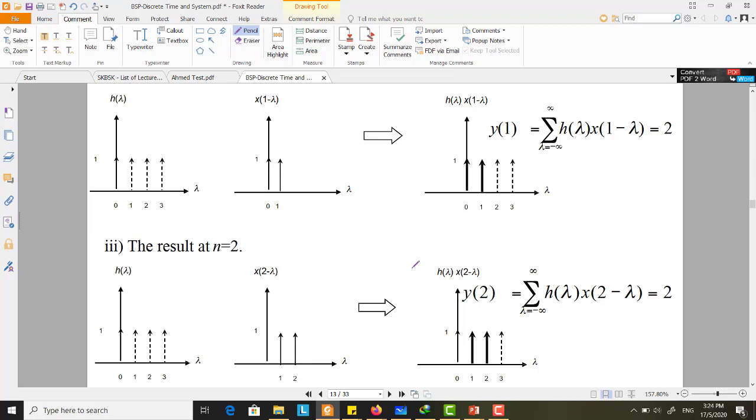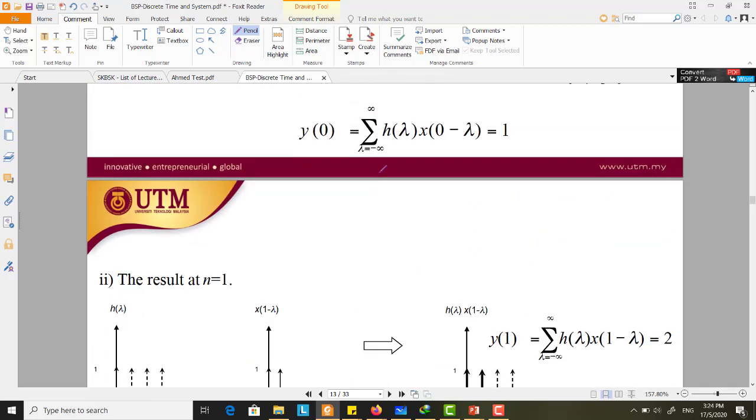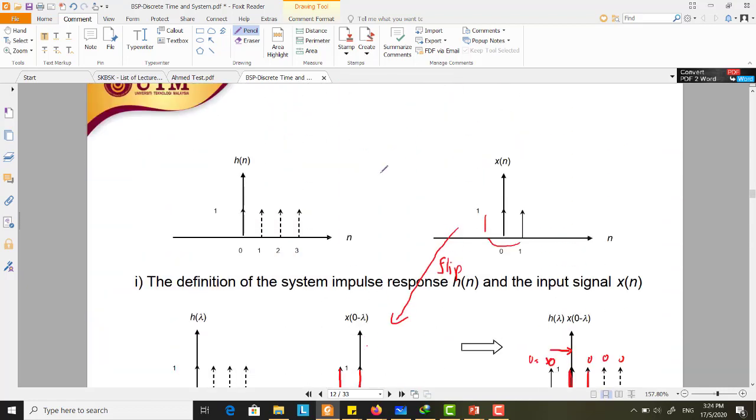Of course, don't get confused, because in this example we compute yn as hn convolved with your xn.